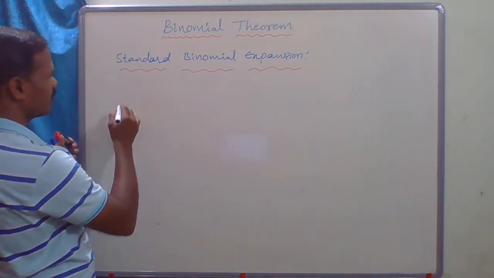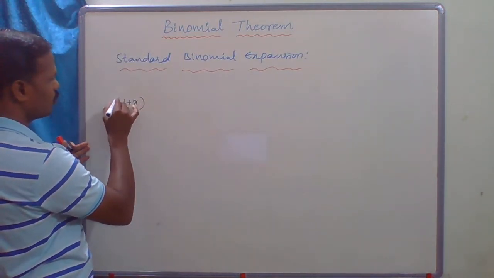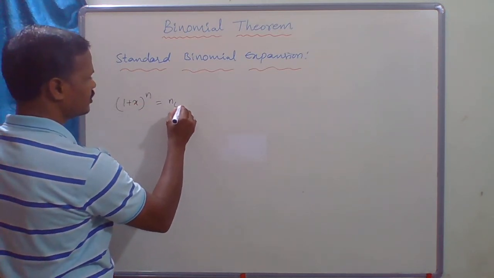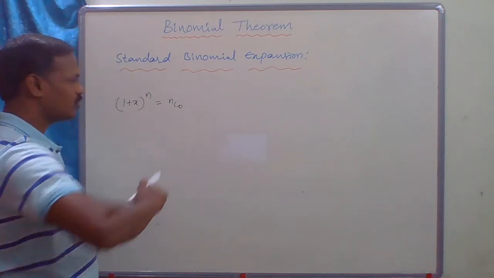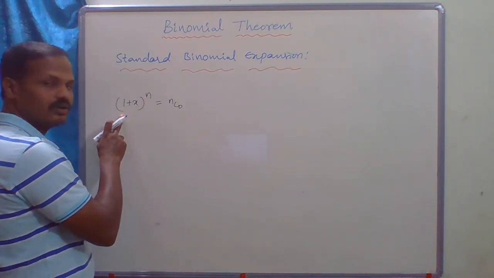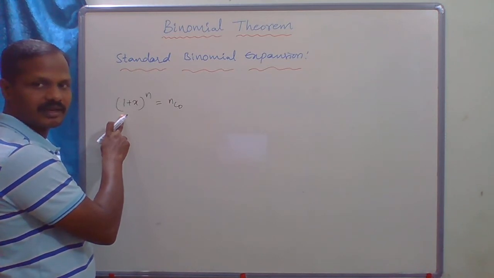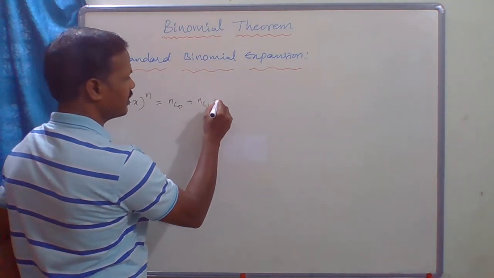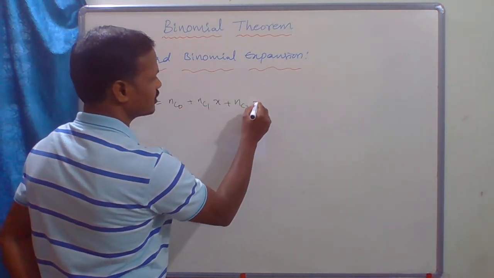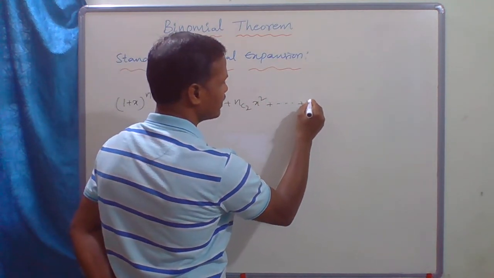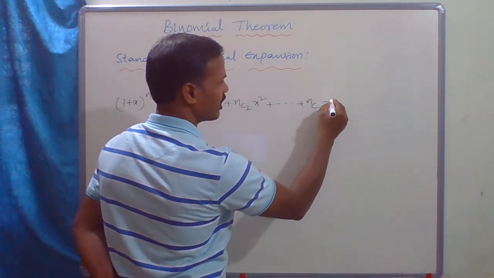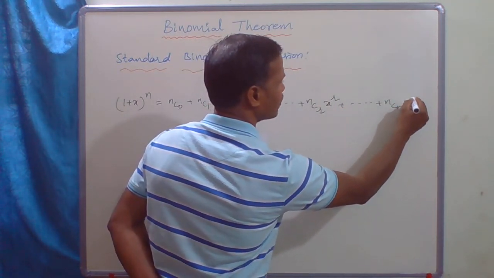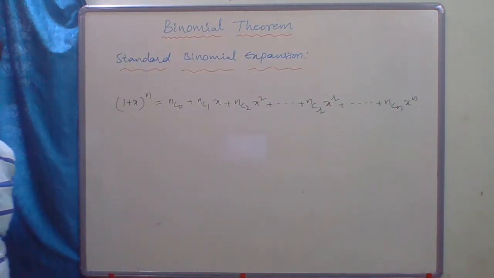That is (1 + x)^n, which is nC0 x^0, plus nC1 x + nC2 x² + and so on, nCr x^r, and so on, + nCn x^n. Clear?